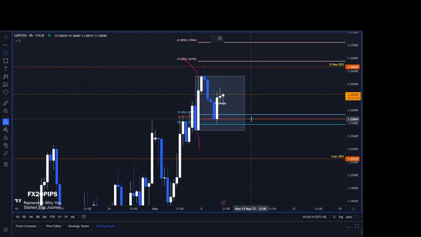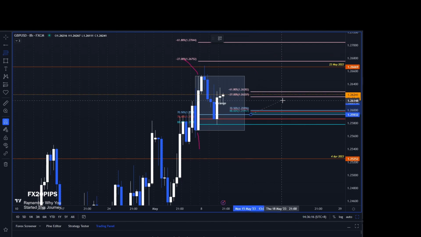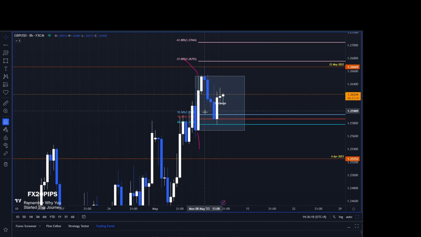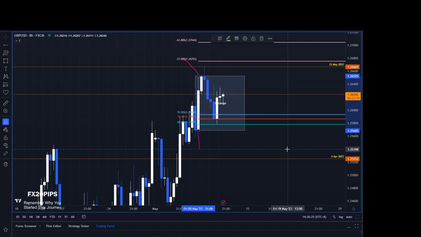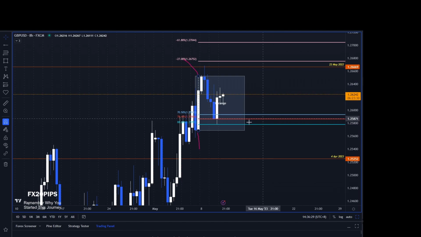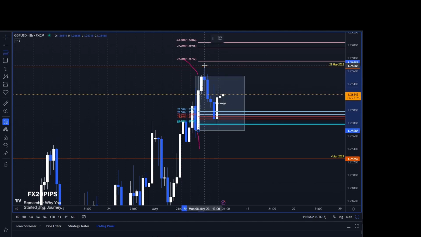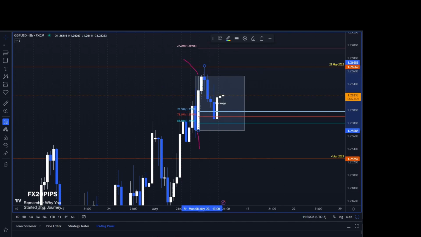Am I correct? Yep, it's a fib from here to here. Okay. Now let's see what the fib level is from here to here. It is also a reaction here, but it went further down.